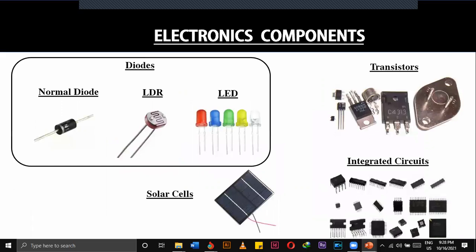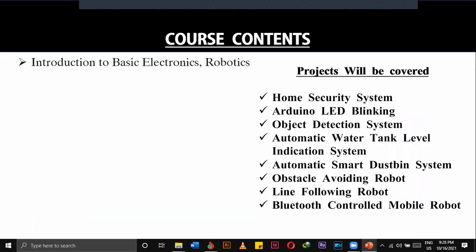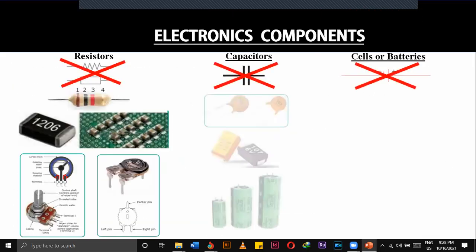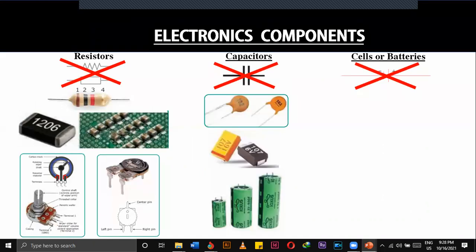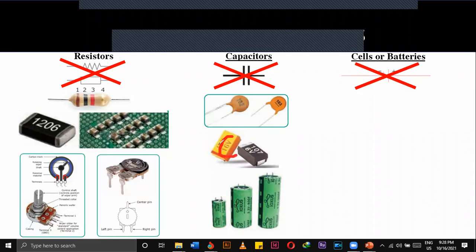Basically, each capacitor has different codings, right? If the capacitor is written 16 voltage, that means we can't provide more than that.